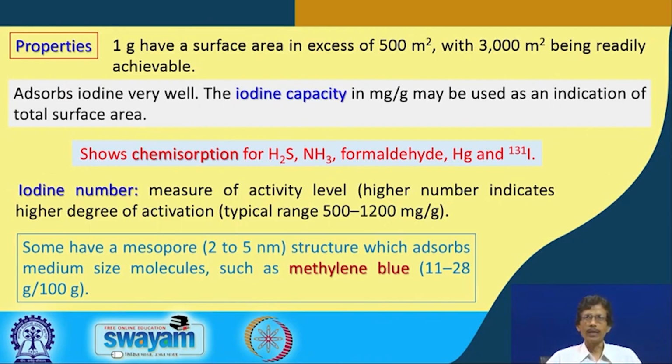When you use 100 gram of activated carbon, it can adsorb 11 to 28 gram of methylene blue. Not much methylene blue is there in the wastewater. So wastewater or industrial effluent treatment can be achieved by the use of activated carbon for the removal of this dye or any other dye like methyl orange or methyl red.